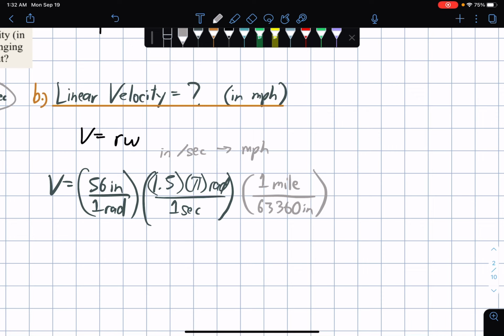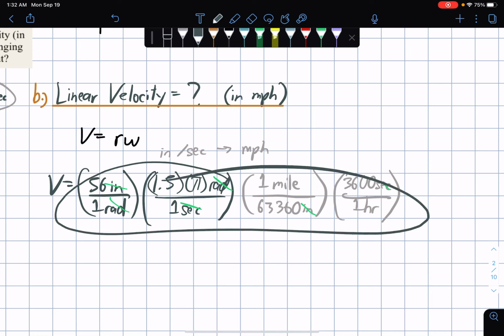Okay, so we have secured the elimination of inches and the introduction of the unit miles. Let's do seconds. 1 hour is equal to how many seconds? 3,600. So we eliminate the previous units. Let's make them history. So rad, we have mile per hour.